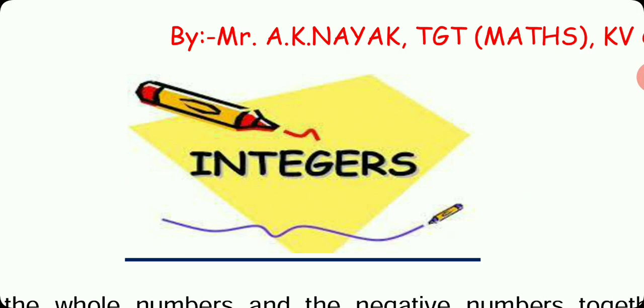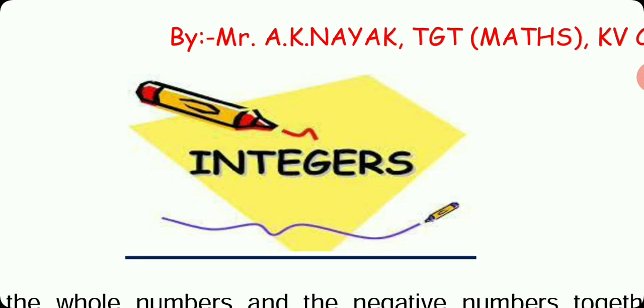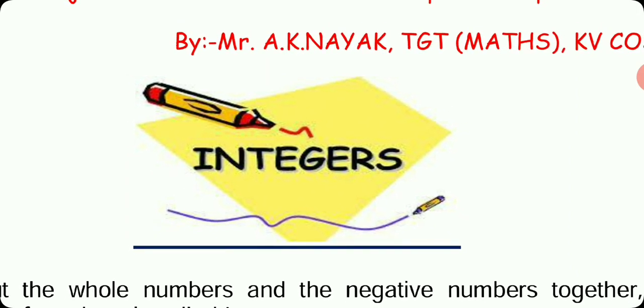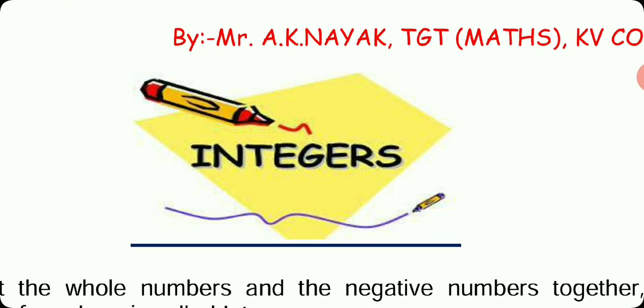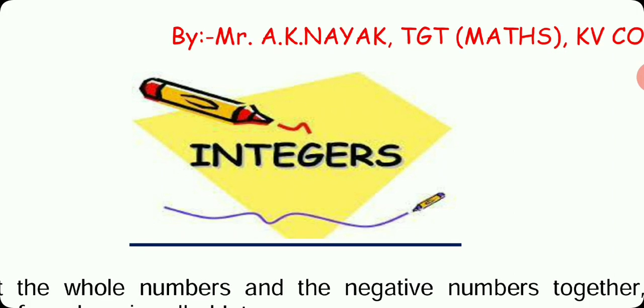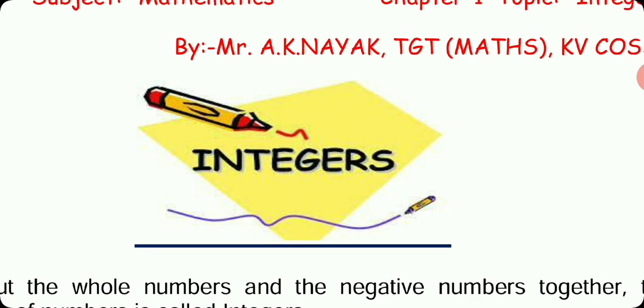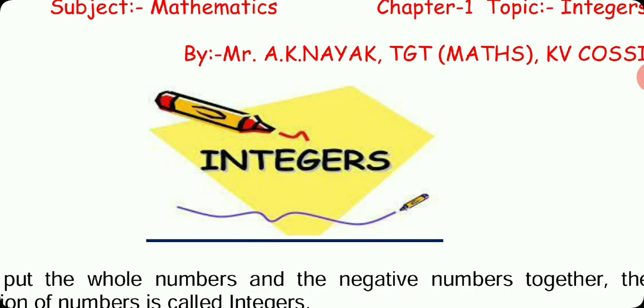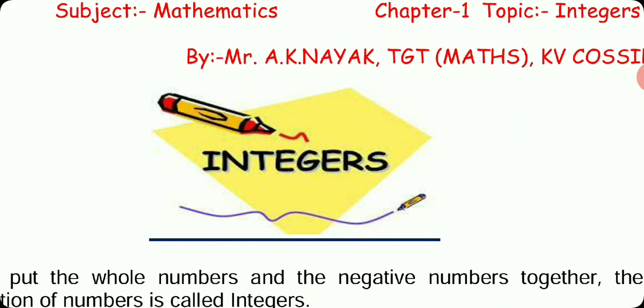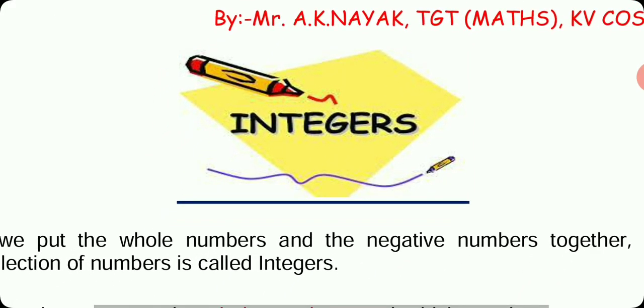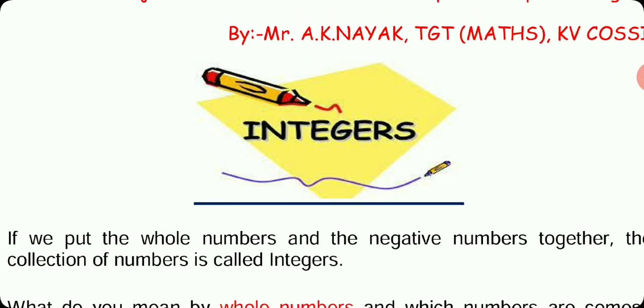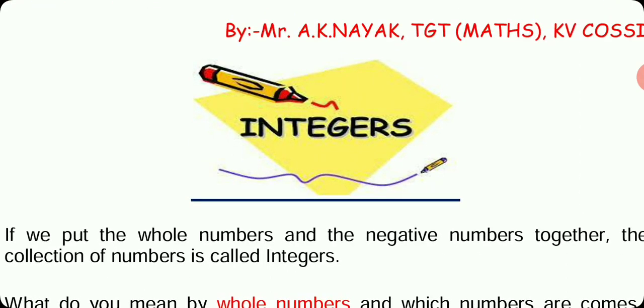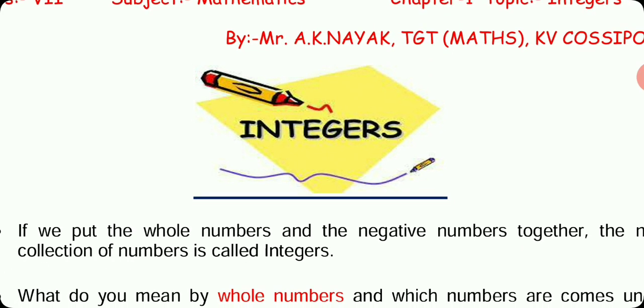Integers we already discussed in previous class, in class 6, chapter 6. As we know, integers are numbers. What type of numbers? Just to recall your knowledge: if we put the whole numbers and the negative numbers together, the collection of numbers is called integers.